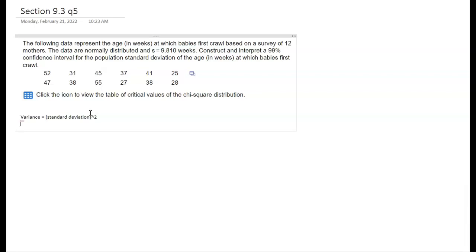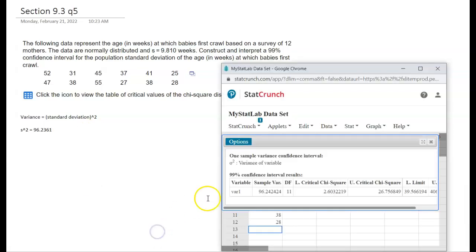So, for example, if I take the S that they gave us and I square it, I will get the sample variance instead of the sample standard deviation. The value for that, 9.810 squared, is 96.2361.